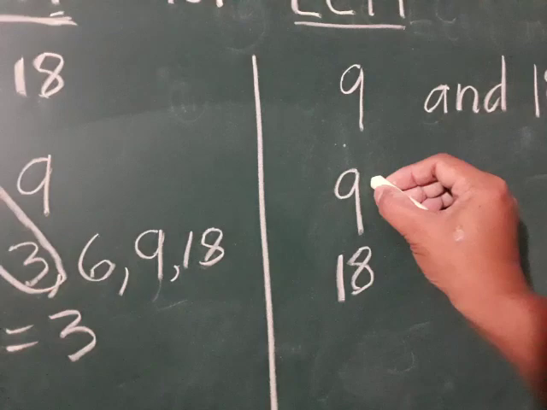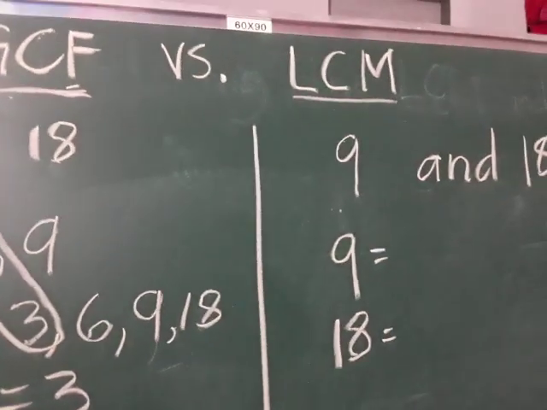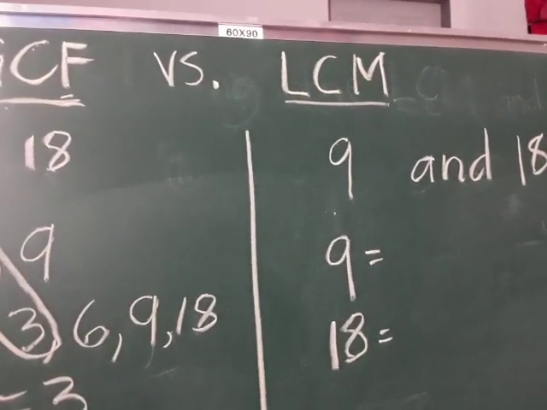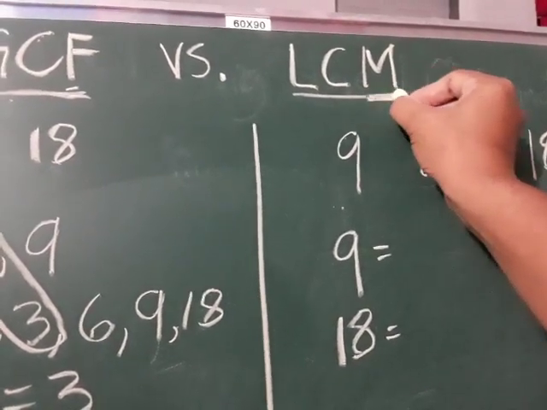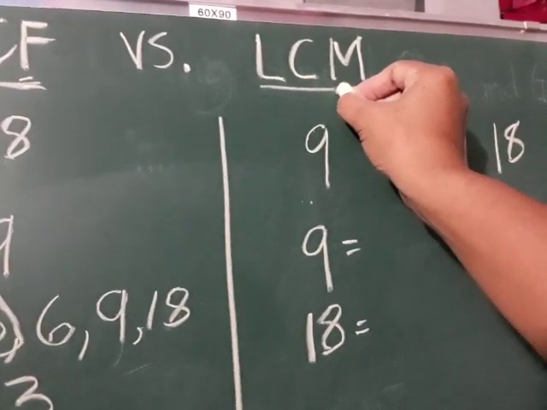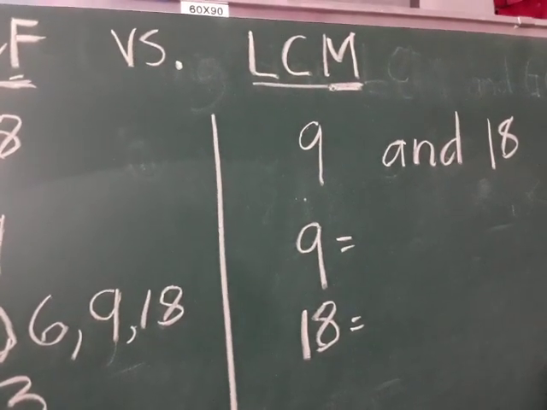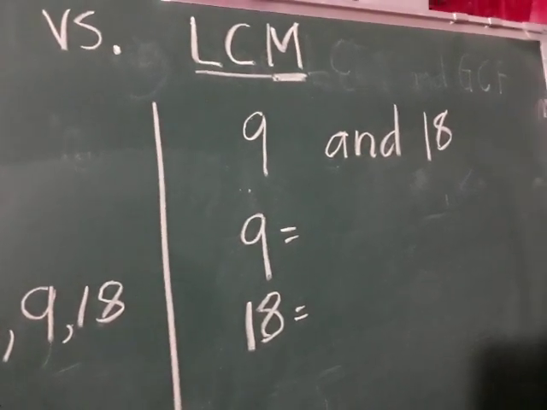Okay, so in here, are we going to get the factors? The answer is no. Why? We're going to get their multiples. So when we say multiples, you're going to add the number by itself continuously, or skip counting.